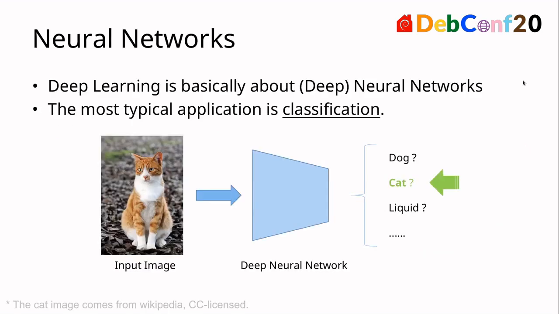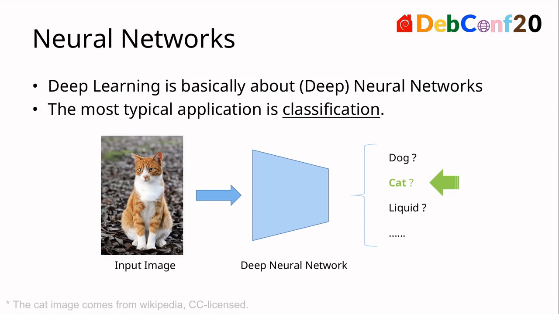When we talk about deep learning, it is basically about deep neural networks. The most typical application of deep neural networks is classification. For example, we have an image presenting a cat. We use this image as the input to the deep neural network.